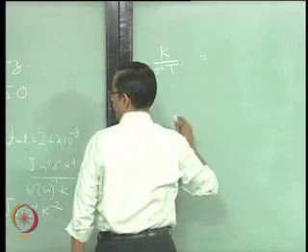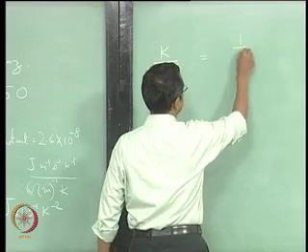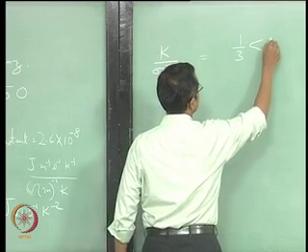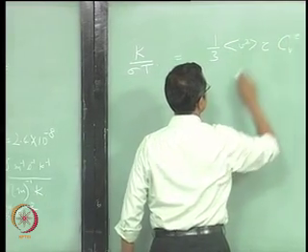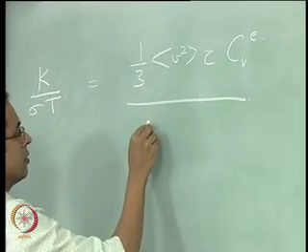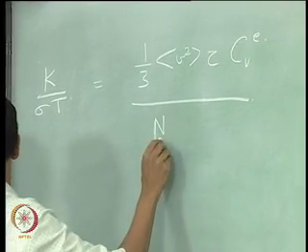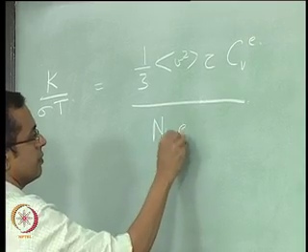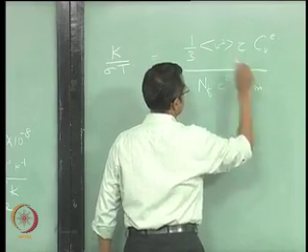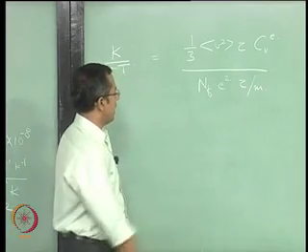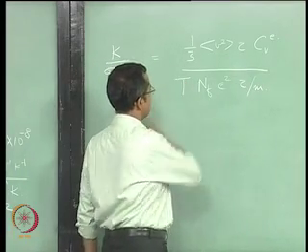So if you see, we can put this down, this is 1 by 3, okay. So this is the, and times T, okay.